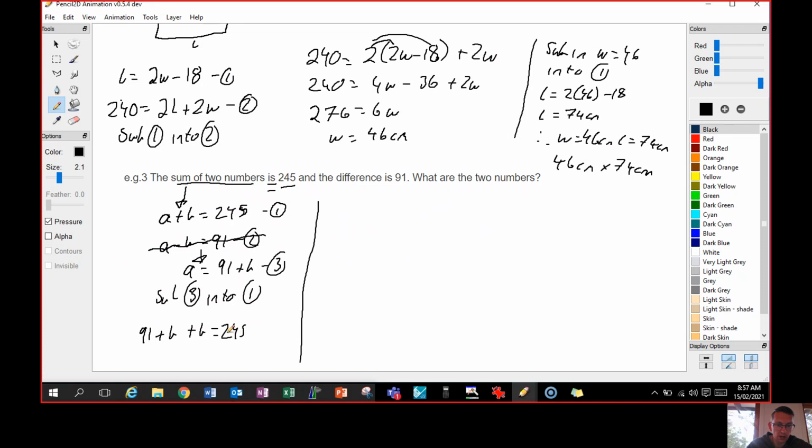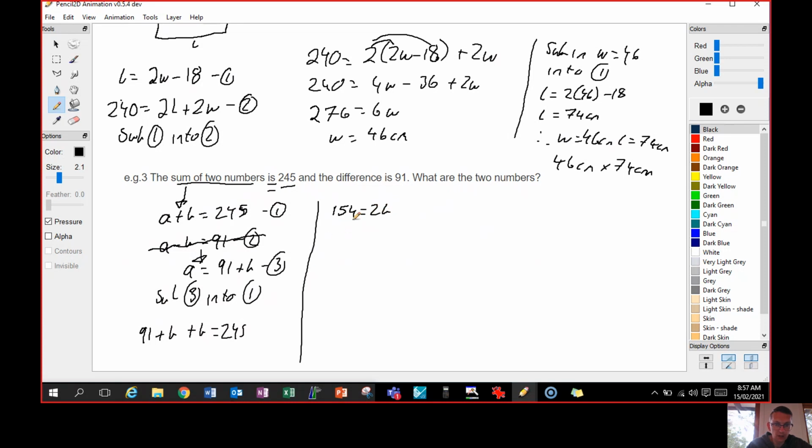If I minus 90 from 245, it's going to be 155, and I've got to add 9. So it'd be 145. I've taken away 9 too many. So that would be 154 equals 2B. And divide by 2.